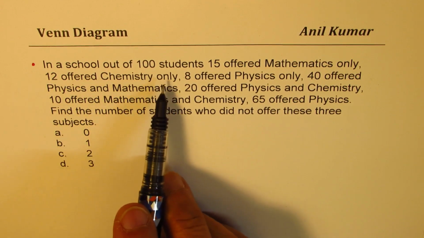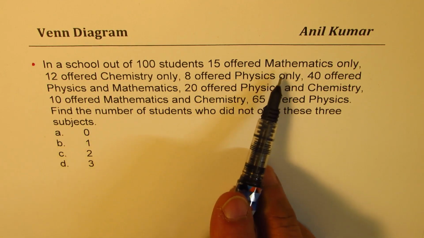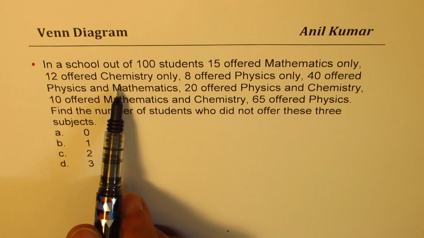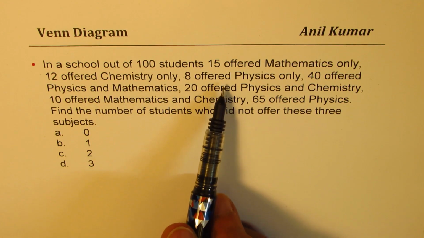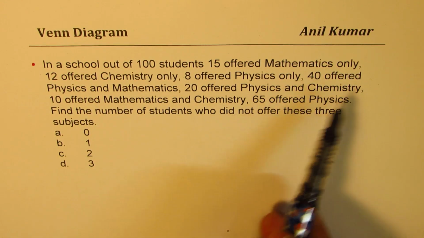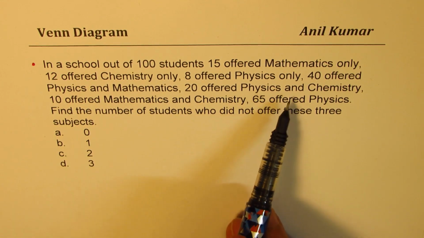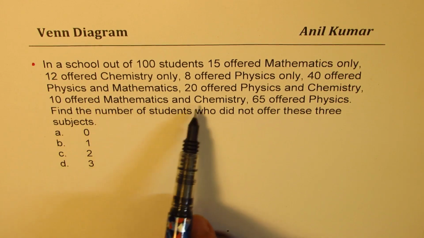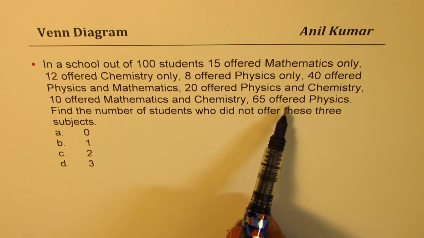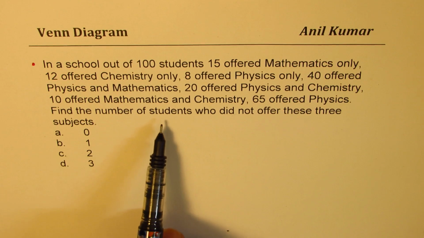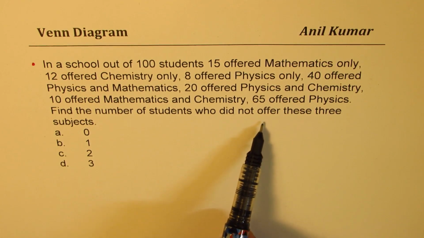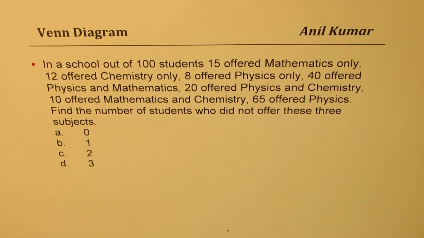In a school, out of 100 students, 15 offered mathematics only, 12 offered chemistry only, 8 offered physics only, 40 offered physics and mathematics, 20 offered chemistry and physics, 10 offered mathematics and chemistry, 65 offered physics. Find the number of students who did not offer these three subjects. That's the question for you. I'd like you to pause the video, answer the question, and then look into my suggestions.